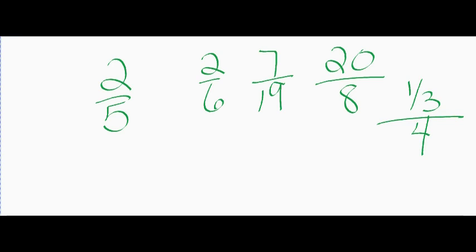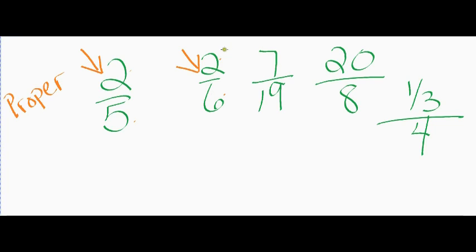Then again we have some nice proper fractions where the numerator, that top number, the number that we actually have, the number that we're dealing with, the number that we have left, is smaller than our denominator, which is the number we're dividing by, or the number of groups that we have, or the number that's in each group.